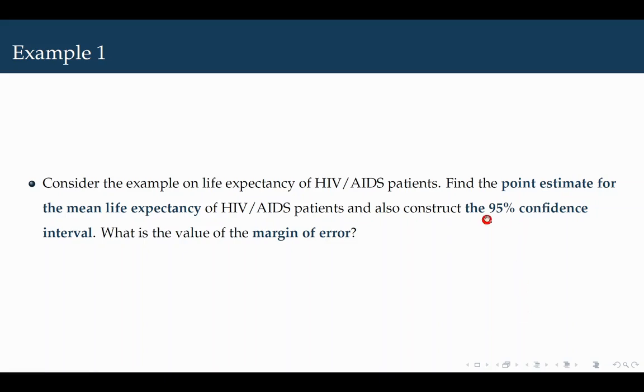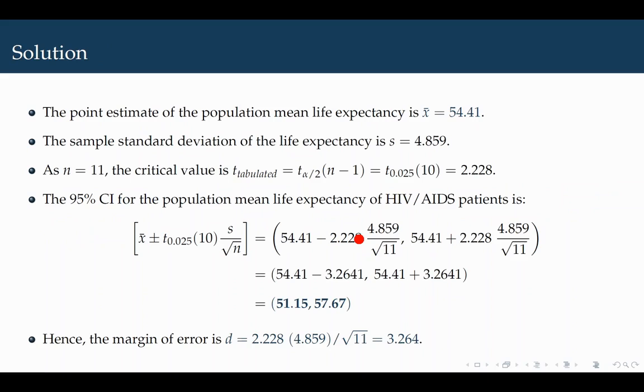So let's construct the 95% confidence interval, and let's determine the margin of error or half width of the confidence interval. Previously we calculated the sample mean as 54.41 and the sample standard deviation as 4.859. We have the sample size 11, so the critical value is based on the t distribution, which is actually 2.228.